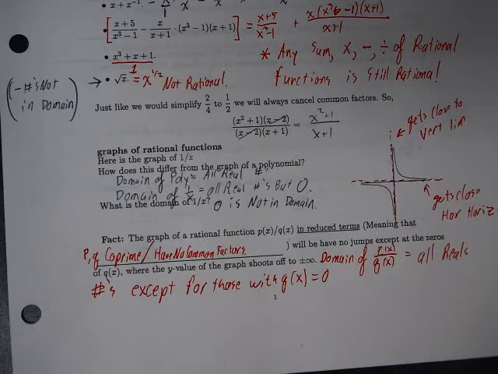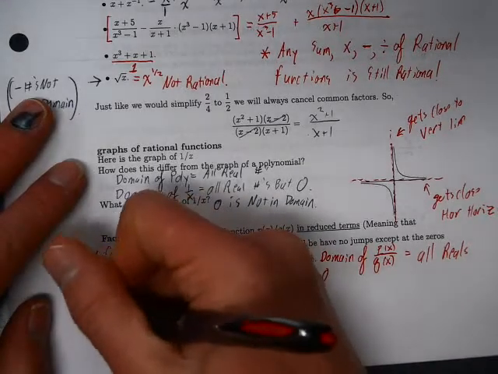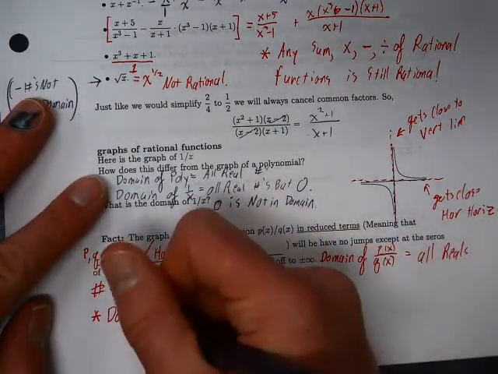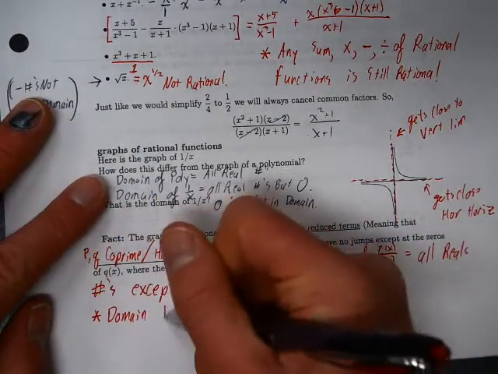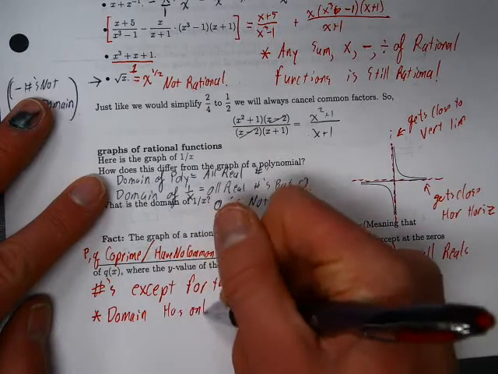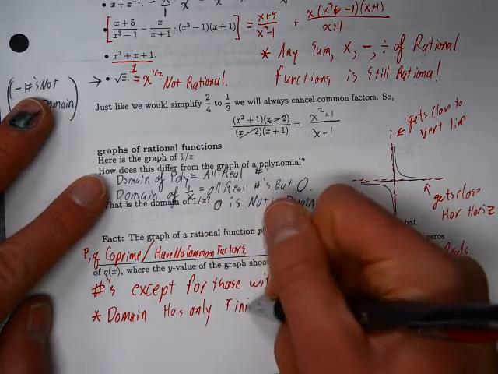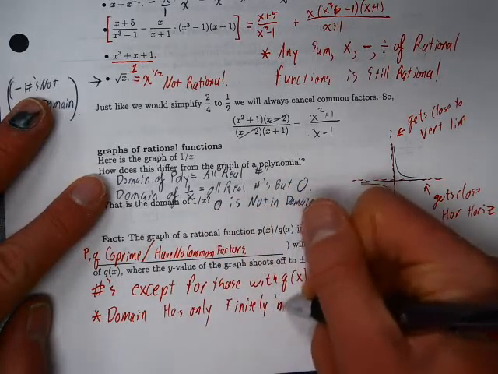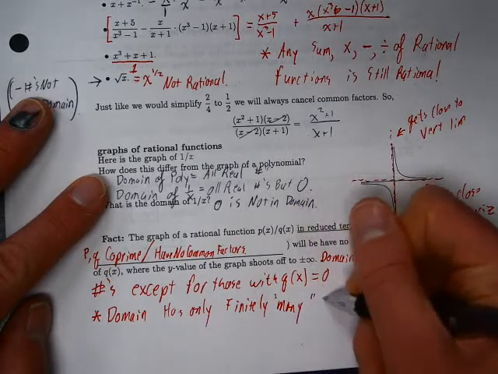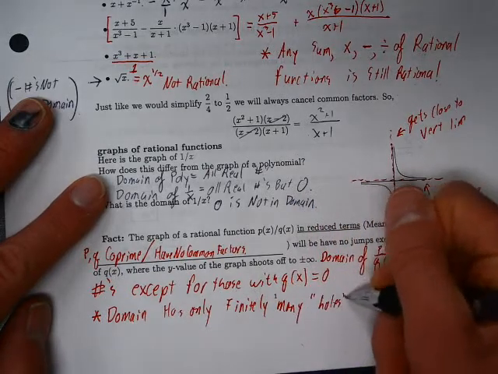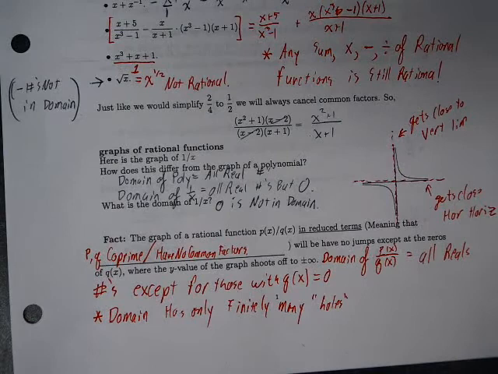So a consequence here is that the domain has only finitely many "holes", and I'll put holes in quotes. There are only finitely many numbers that are not in the domain of a rational function. How many numbers are not in the domain of the square root function?